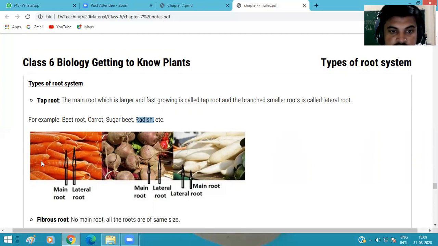These hair-like structures are called lateral roots. The main root is always larger and fast growing, so we call it the taproot. The branches and smaller roots are called lateral roots, as we already discussed.